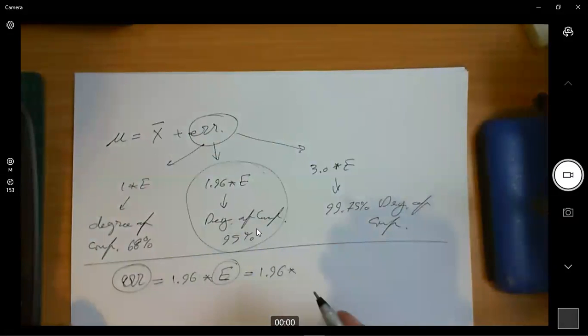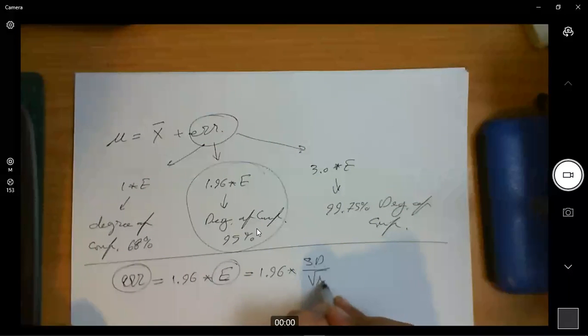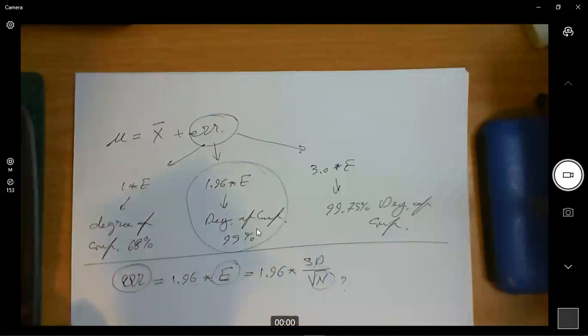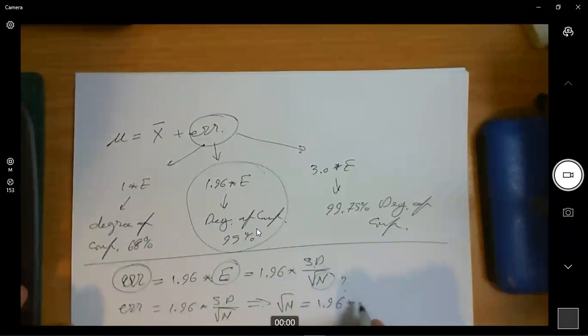It's the standard deviation divided by the square root of n. Now n is unknown. We want to determine n, the sample size. So we have error equals 1.96 times standard deviation divided by the square root of n. Then we can say that the square root of n equals 1.96 times standard deviation divided by the error.